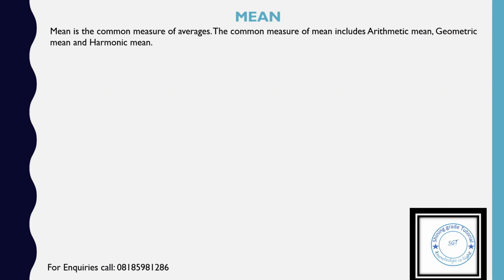For this class, arithmetic mean will be denoted as AM, which is the common calculated mean. We have GM for geometric mean, and HM for harmonic mean.